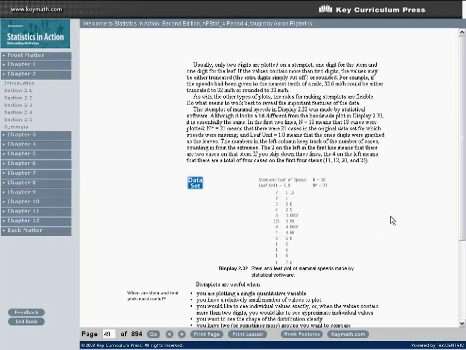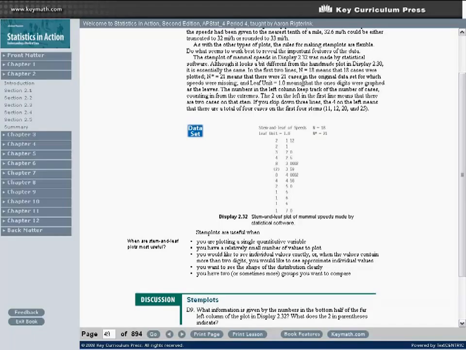This page here talks about in the first 2 lines n equals 18, that 18 cases were plotted. N star equals 21 means that there were 21 cases in the original data set for which the speeds were missing. And the leaf unit 1.0 means that the ones digits were graphed as leaves.